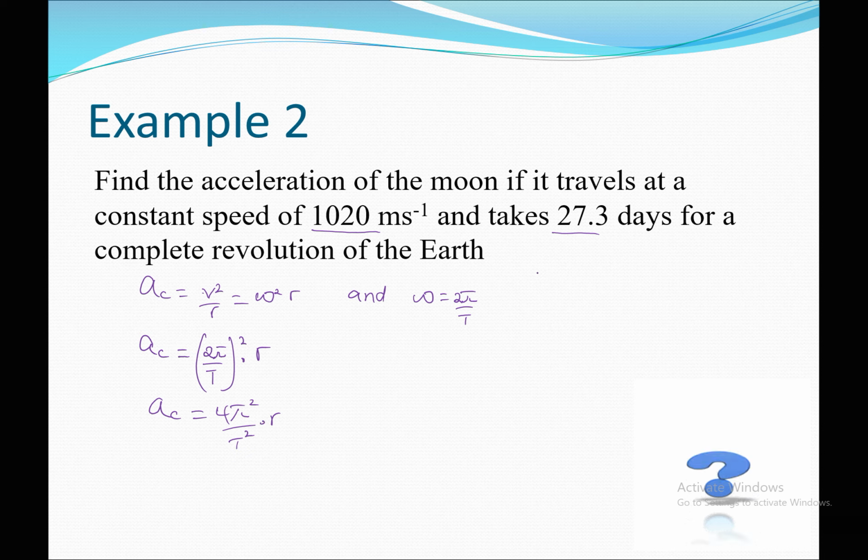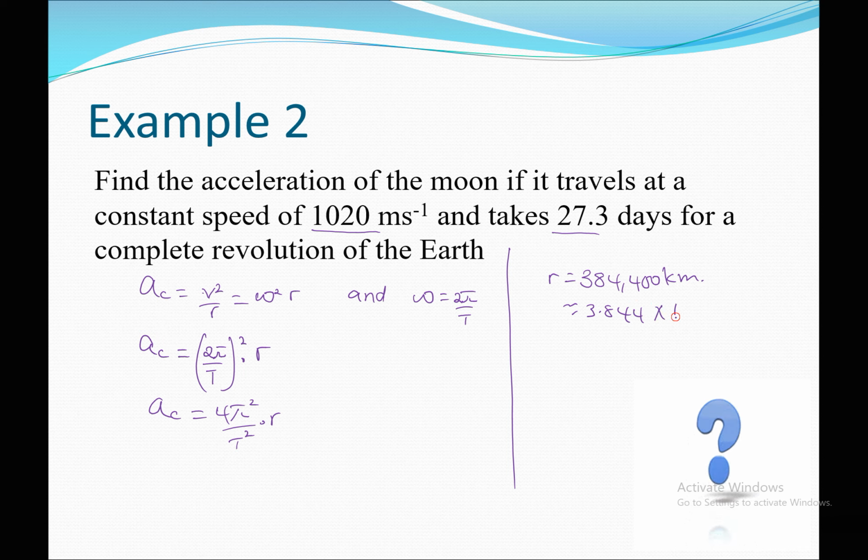I think the distance between the Earth and the moon is approximately 384,000 kilometers, which is approximately 3.844 times 10 to the power 8 meters. So that is the radius, so I'll just use that one.